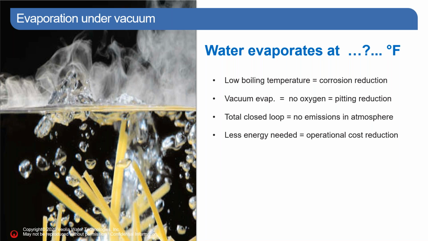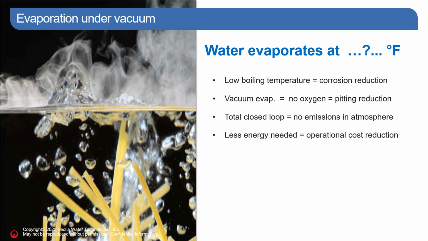The point that people don't often think of is that 212 degrees Fahrenheit is at sea level. So if we create a vacuum, we go to a negative pressure, we can actually reduce the boiling temperature of water. So we're using some physics to our advantage. By doing this, we're lowering the boiling temperature, so you're going to have corrosion reduction, which extends the life of your mechanical components in your system, in the product.